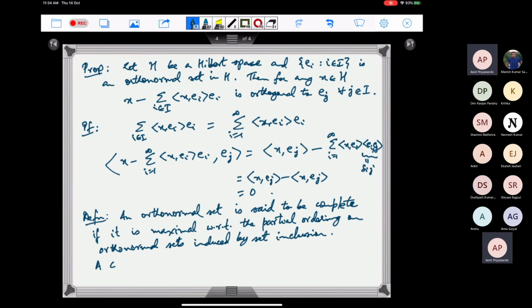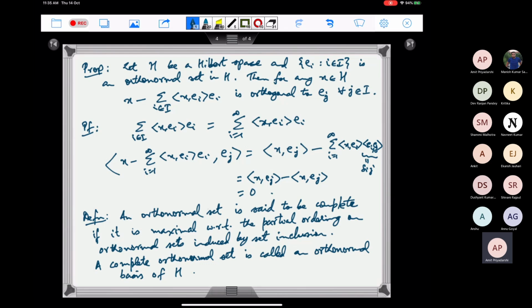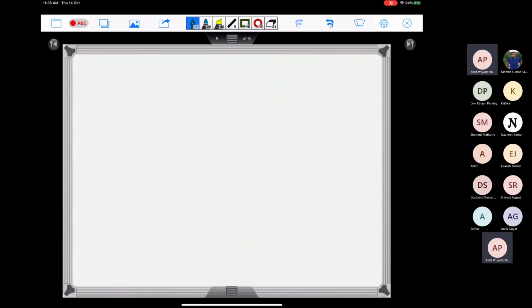So a complete orthonormal set is called an orthonormal basis of H. Clearly, by using Zorn's lemma, we can show that every Hilbert space has an orthonormal basis.